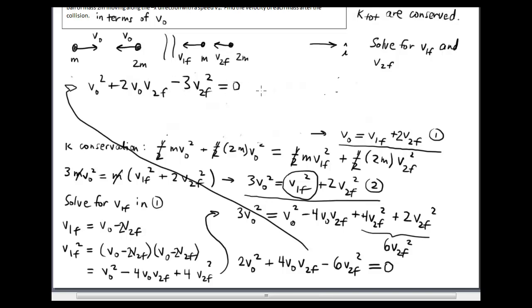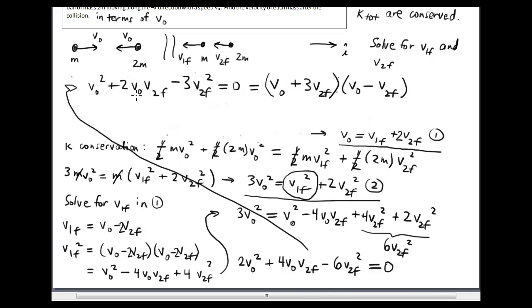And sure enough, this actually does factor. It's what we get when we take v0 plus 3 v2 final times v0 minus v2 final. And you can check that to make sure, but it actually does factor that way.